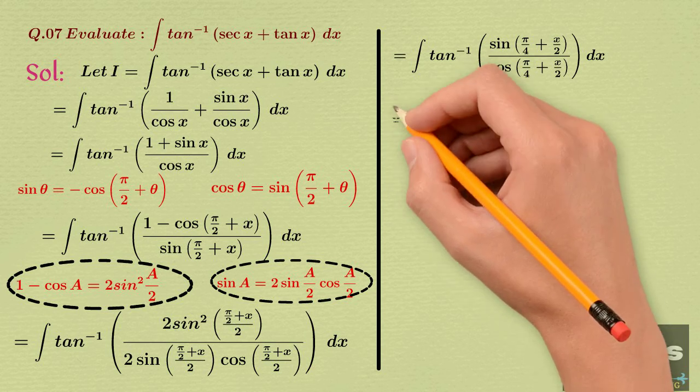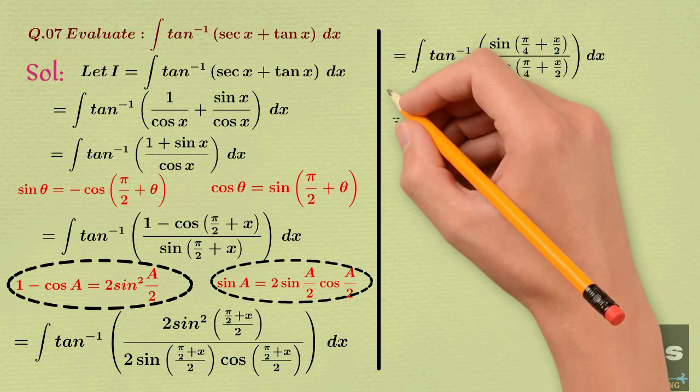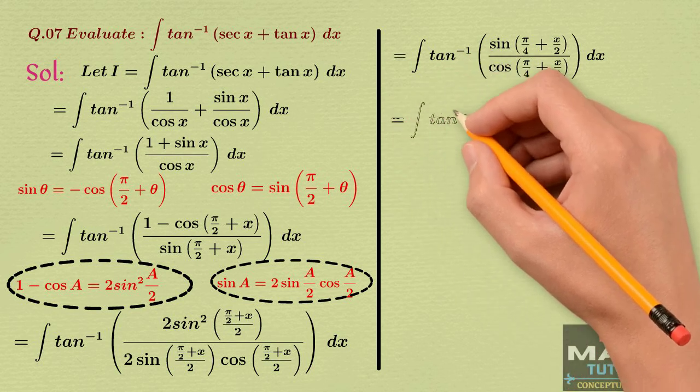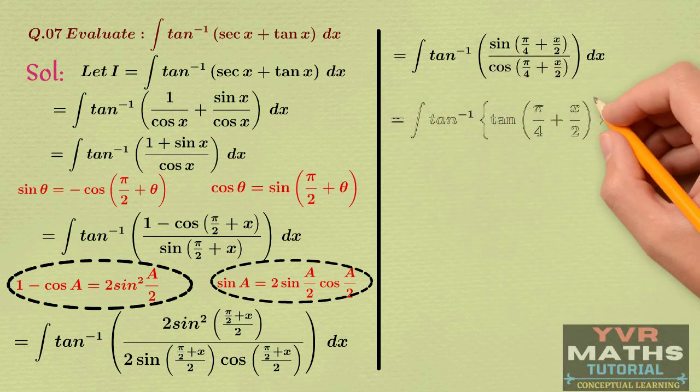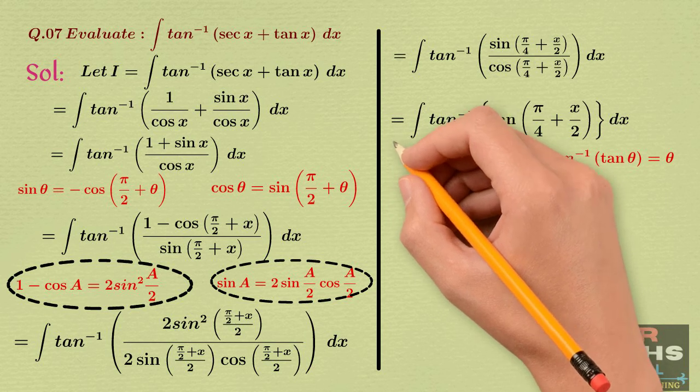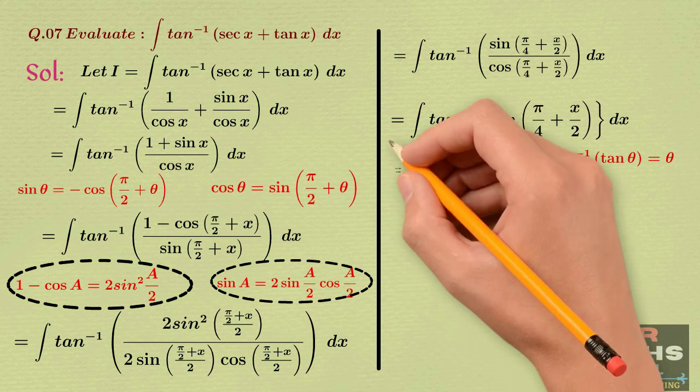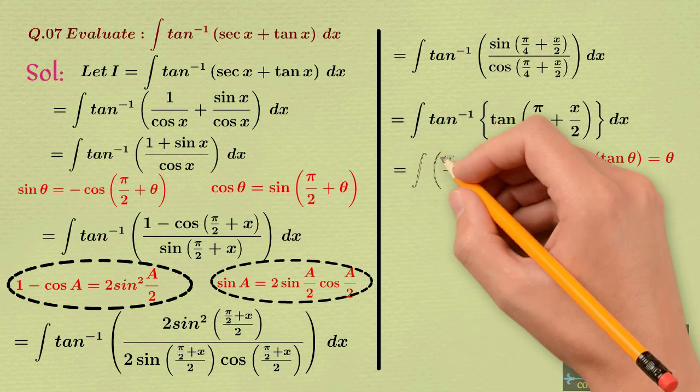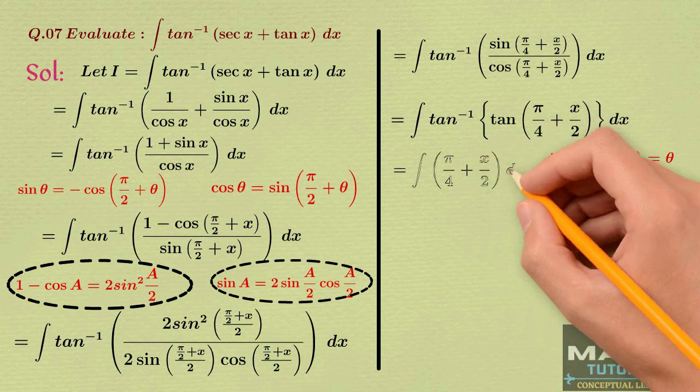Here sin by cos is nothing but tan. Then the next step is integral tan inverse of tan pi by 4 plus x by 2 dx. From the inverse trigonometric functions identities, tan inverse of tan theta is equal to theta. Then the next step is integral pi by 4 plus x by 2 dx.